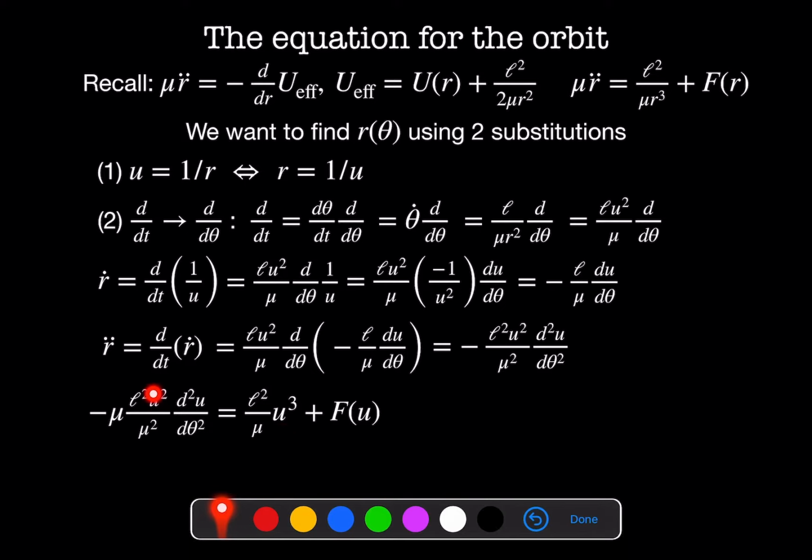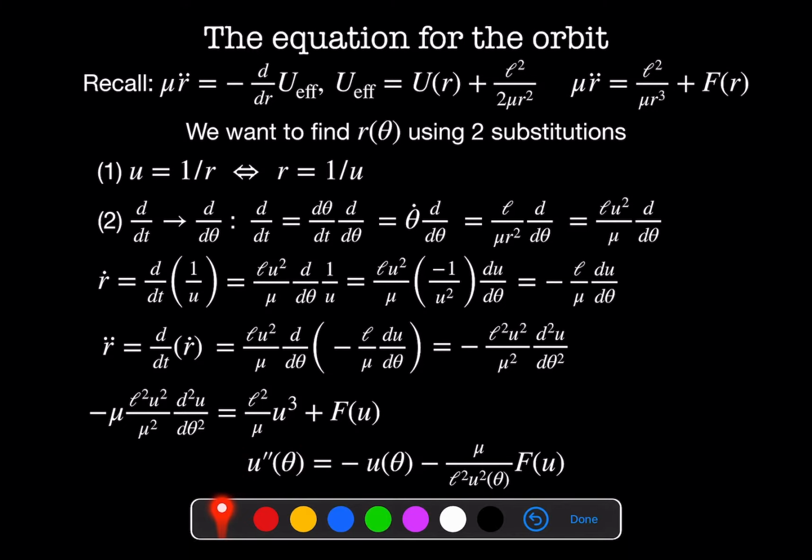So let me divide through by all of these constants, and I end up with u double prime of θ is equal to minus u of θ minus μ over L² u² times f of u. So now I've converted this equation of motion into a second order ODE, which describes now the shape of all of our orbits.